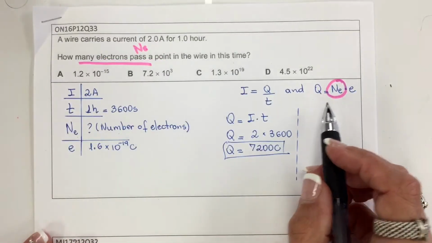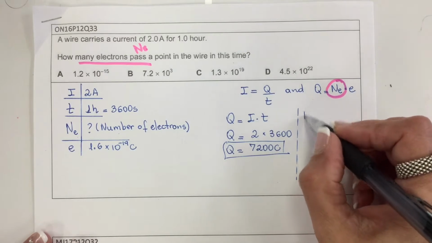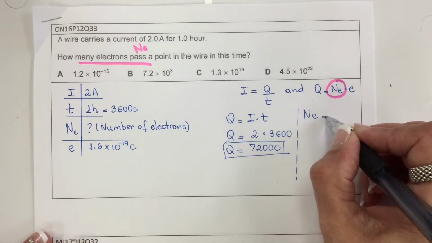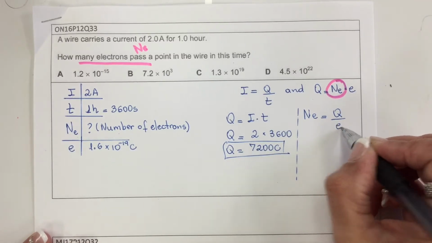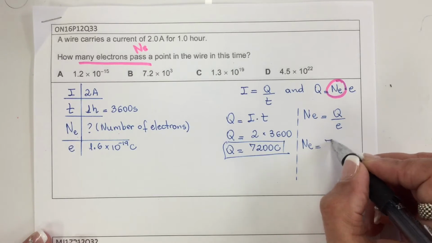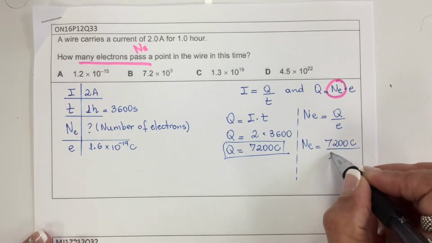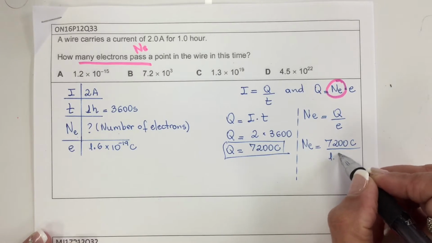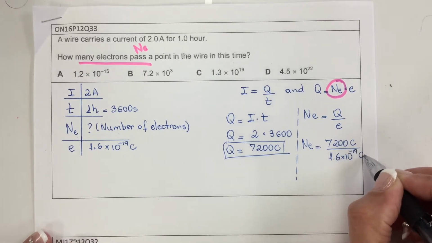Now I'm going to rearrange this formula in terms of the number of electrons, so Ne is charge over the charge of an electron. So Ne is 7,200 coulombs over 1.6 times 10 to the negative 19 coulombs.